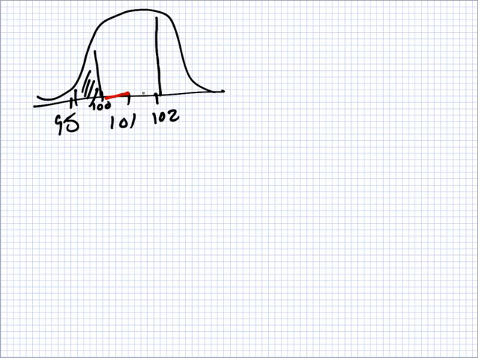So on the other side we go 1 across. And how far away is 95 from 101? 6. So we go 6 away from 101, so that's 107.